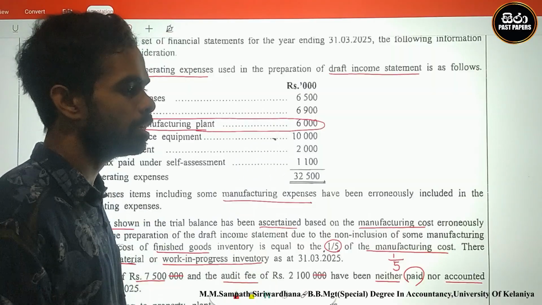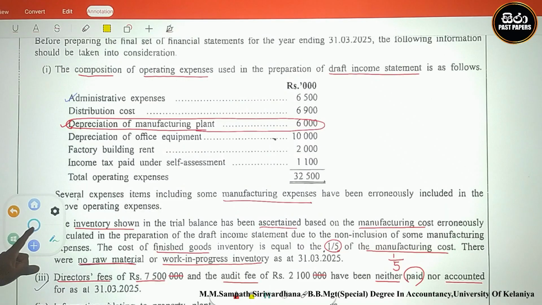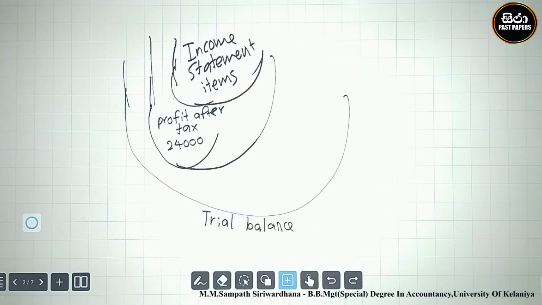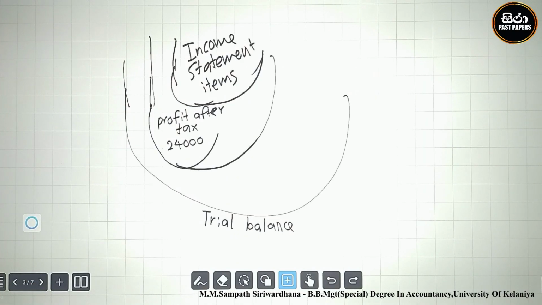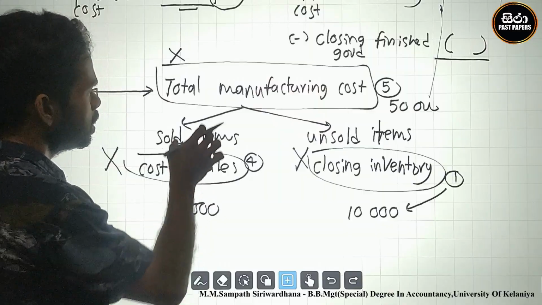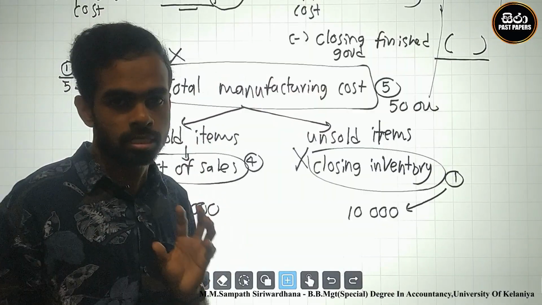Therefore, we can eliminate it and carry this amount, 6,000, to where I said, in this area, the total manufacturing cost, which did not include this 6,000.